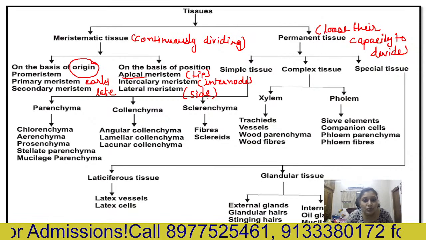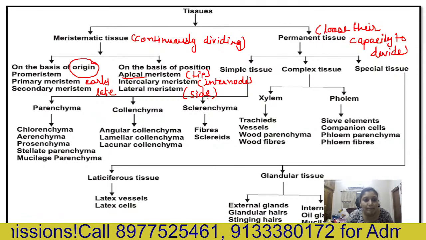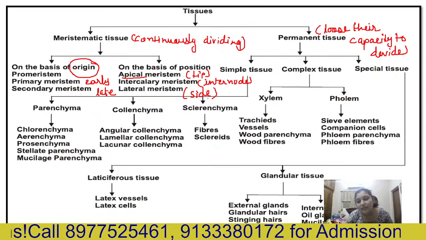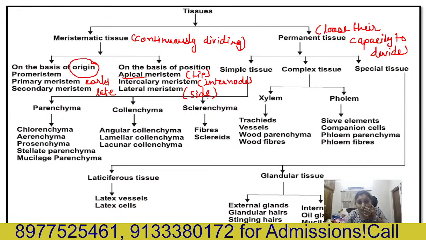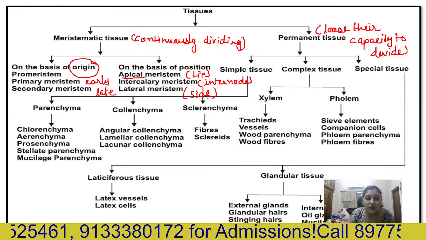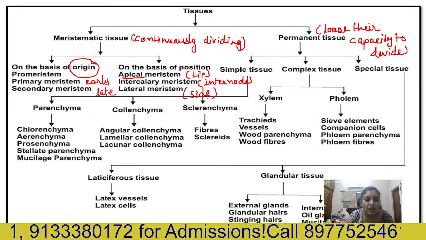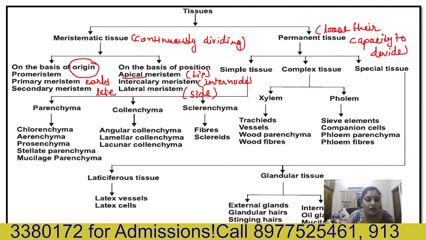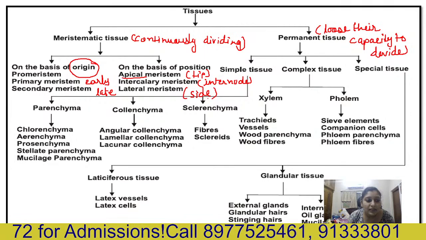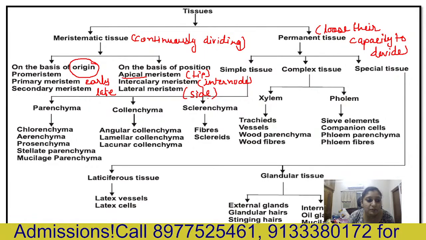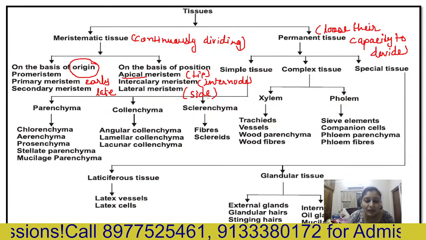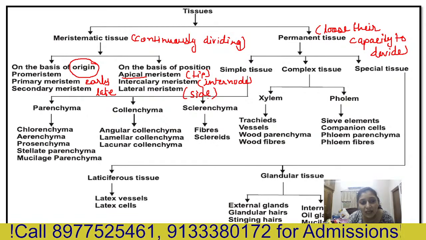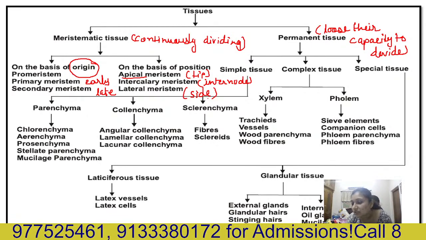Simple tissue is divided into three types: parenchyma, collenchyma, and sclerenchyma. Parenchyma, according to the presence of chlorophyll and air cavity, is divided mainly into chlorenchyma and aerenchyma. Then there are stellate parenchyma and mucilage parenchyma, different kinds of parenchyma that we are not going to discuss today.